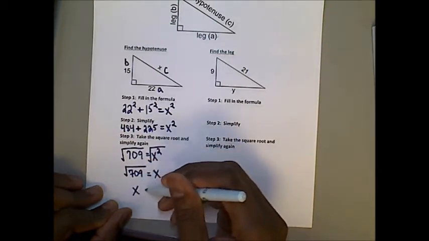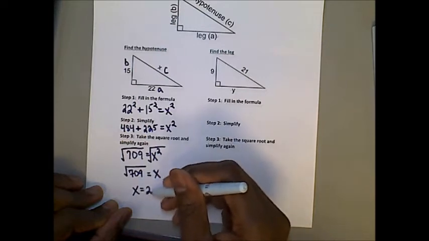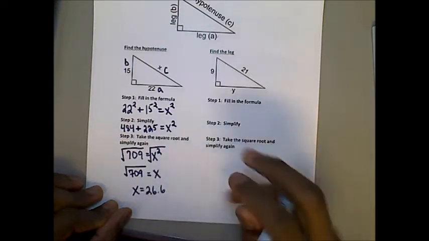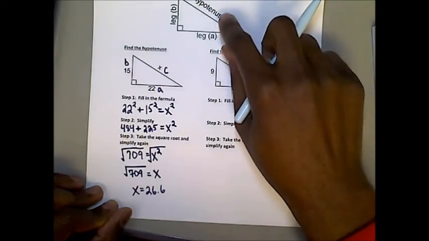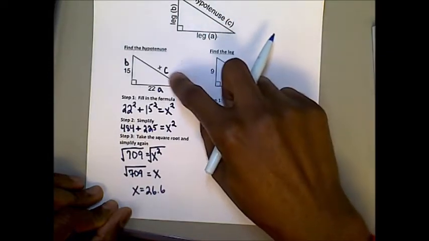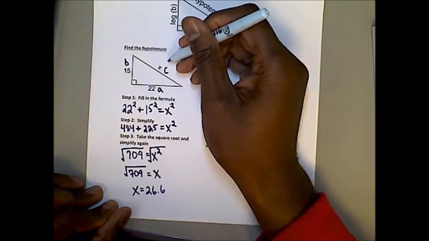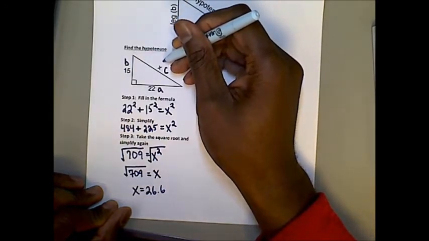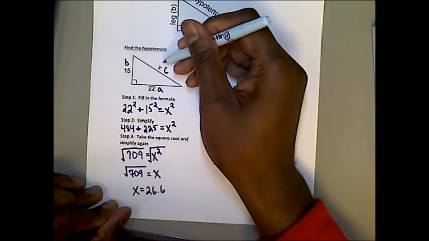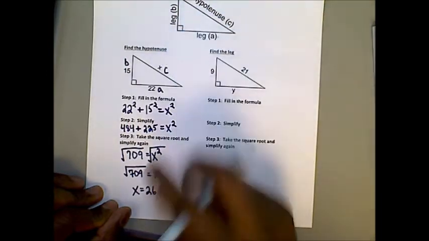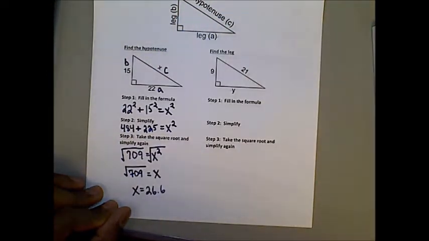You don't have to write it as a decimal since it's not a real world problem. But if you just want to do this to double check and make sure that the hypotenuse is longer than the two legs, then you're in good shape. So x is equal to 26.6, which is longer than the two legs, so you're all set there.